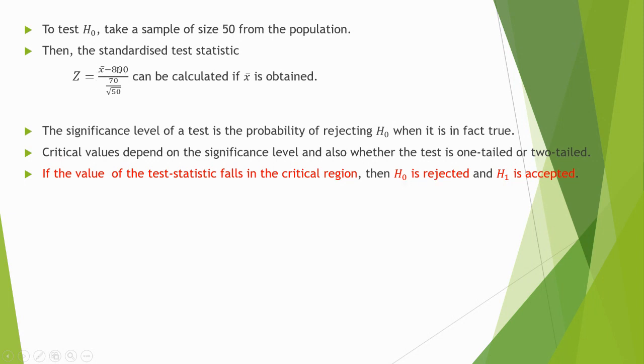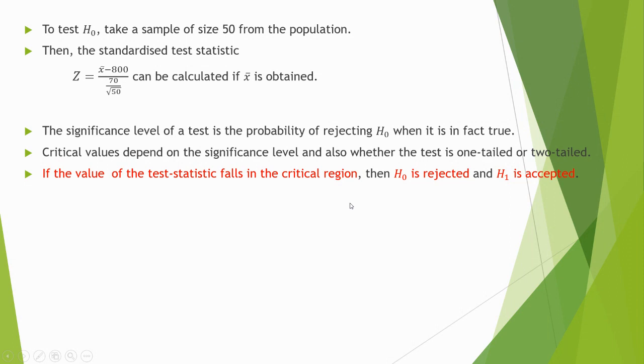When you find the value of z and it falls in the critical region, we reject our H0 and accept our H1. But if the z value that you have calculated using the test statistic falls outside our critical region, then we accept H0 and reject H1.